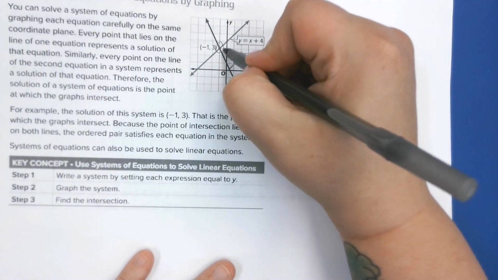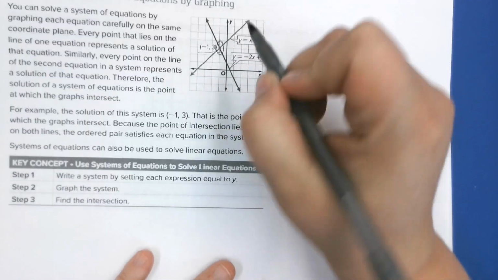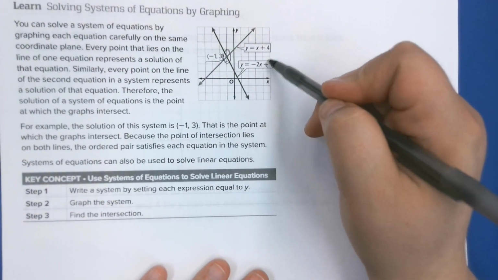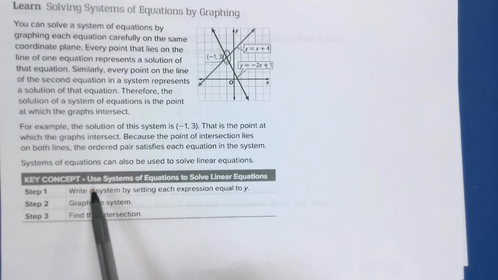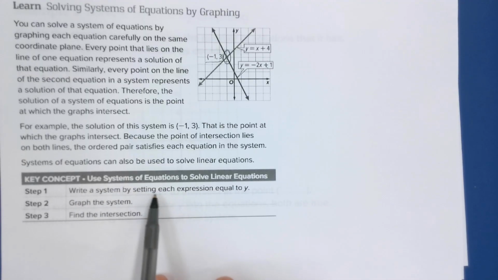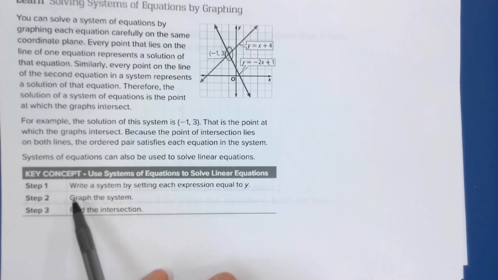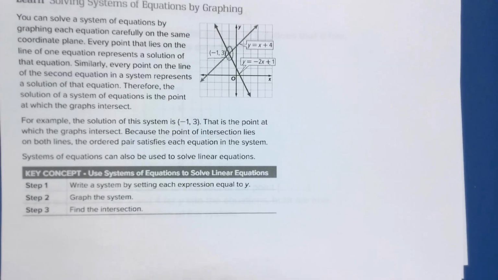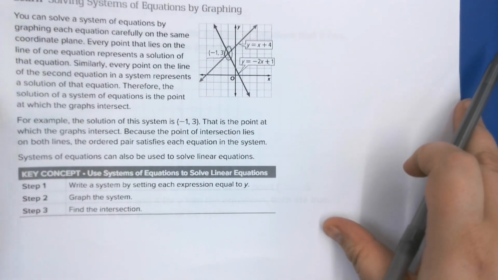Therefore, this one spot right here, -1, 3, is the only solution that works for both equations. We can write a system by setting each expression equal to y, graph the system, and then find where they intersect.